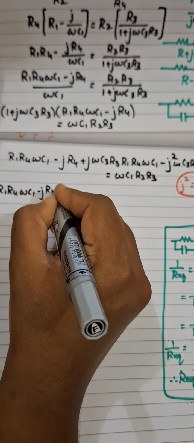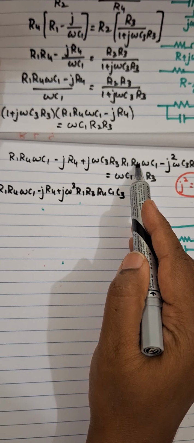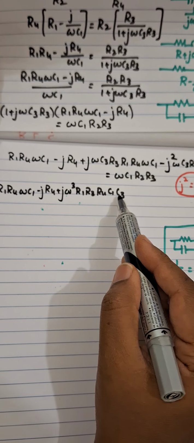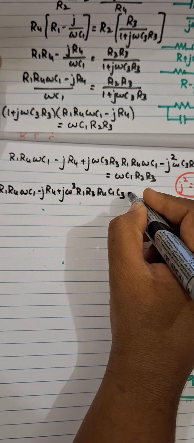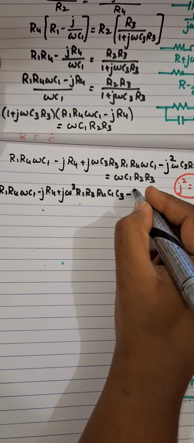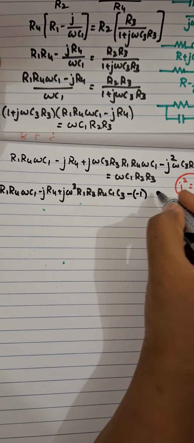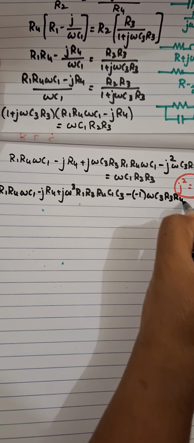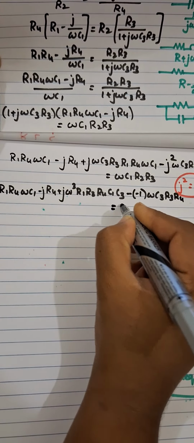I just framed everything in line: 1 3 4 1 3. Okay, that's the difference. So minus 1, minus 1 into minus 1. Or just let me write it as minus 1, not to confuse you. Omega C3 R3 R4 is equals to omega C1 R2 R3.